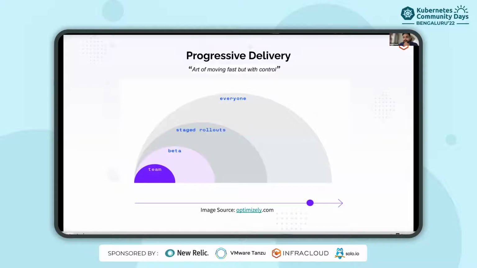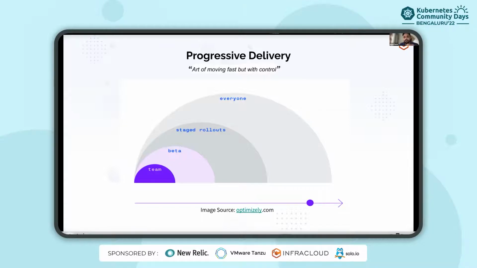When I say A/B testing, a very simple example: let's say they are not sure if they should put a login button at the center or on the right side. What they would do is roll out both versions, one with the button on the left side and one at the center, to different geographically based users.